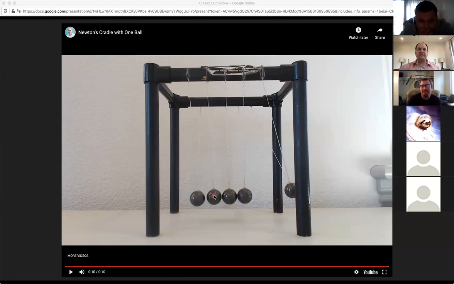Air resistance. That's absolutely true. That would conserve the momentum of the balls and the air, but we have no way of seeing the momentum of the air. Well, there are ways to do that, but we don't. Okay, so air resistance definitely would not conserve it.